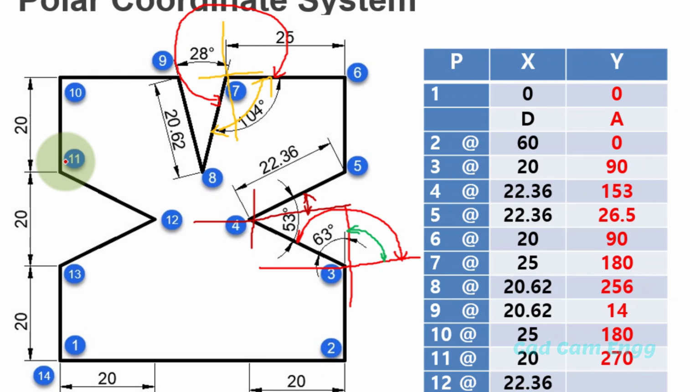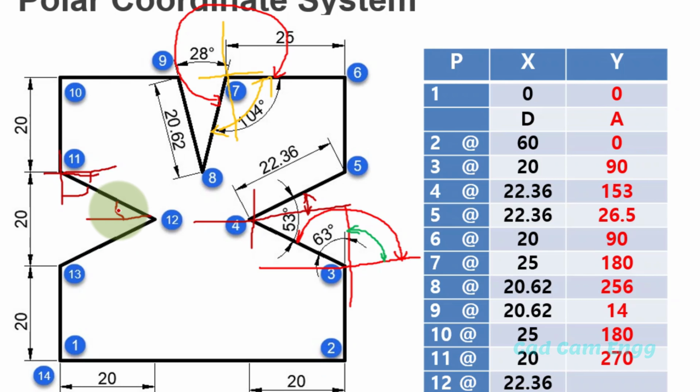See, now this is our origin point. So we know this value. Because we know that this value and this value are similar, the same values.